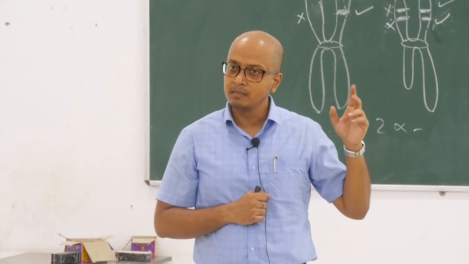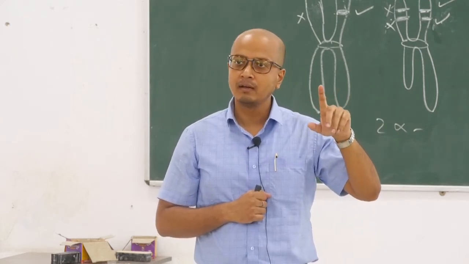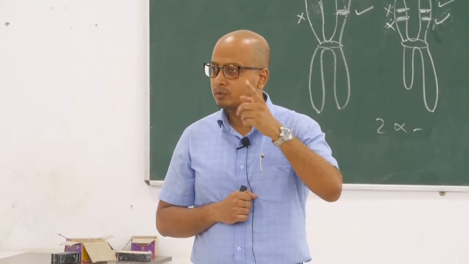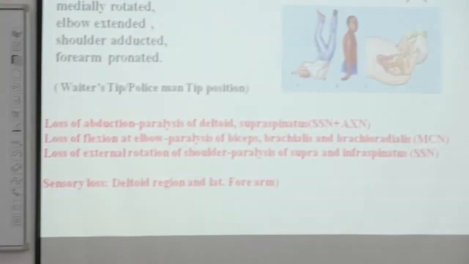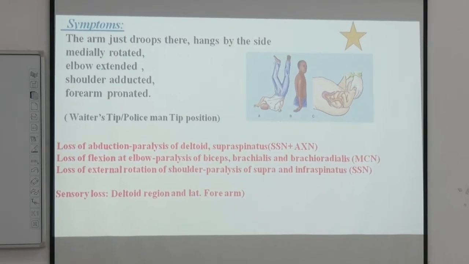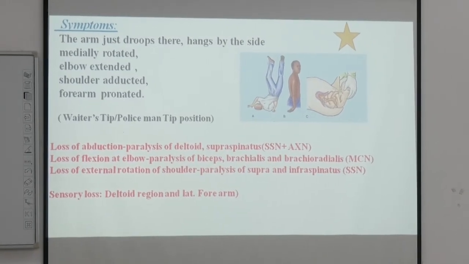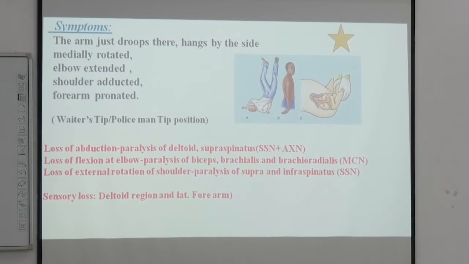That means you have to mention the lesion, where this lesion is, what nerves are affected, what losses are experienced, and what the symptoms are at the same time. How would be the position of the arm? Everything over there you have to narrate, and they are very clinical and precise about it. You have to write the symptoms, loss of nerves, etc. Then you can get the marks.